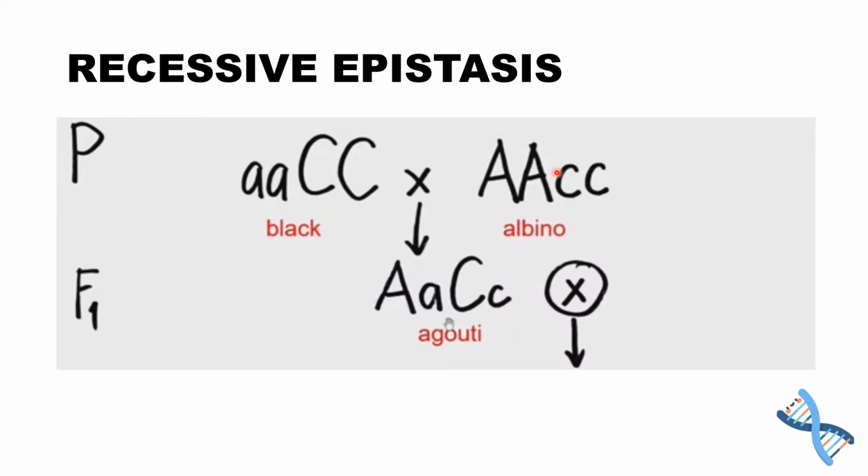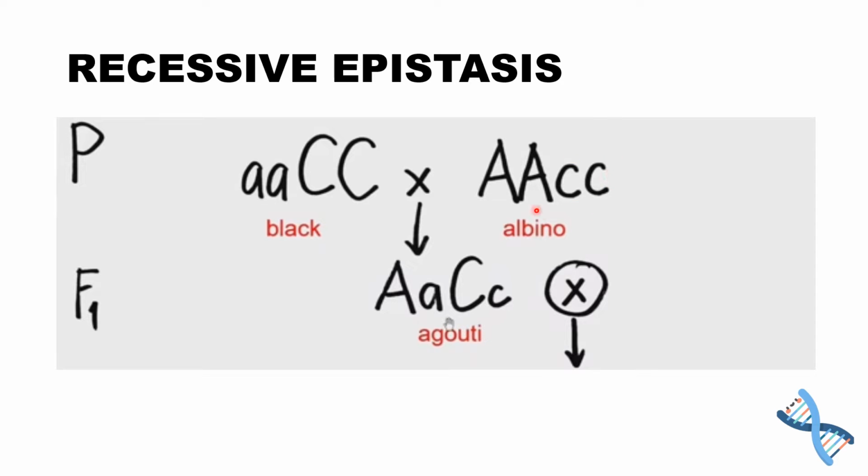So that is the recessive epistasis, because the result is albino. When there is a dominant A, the result should be agouti.